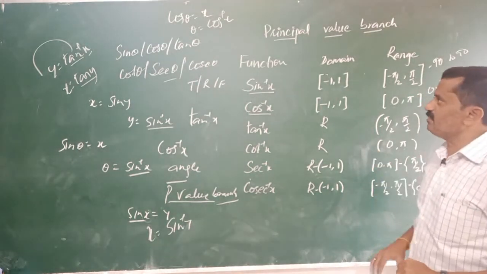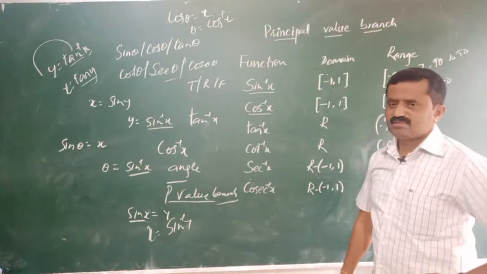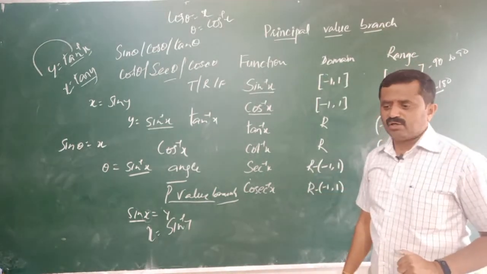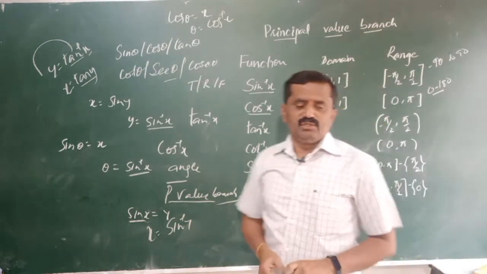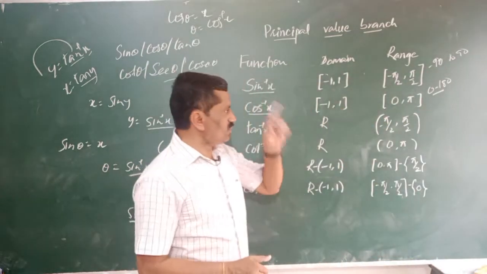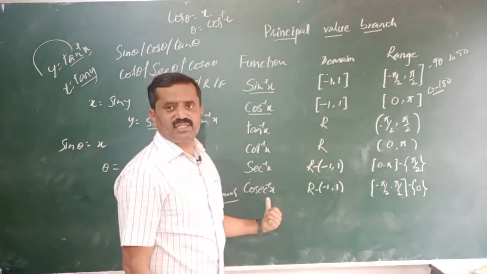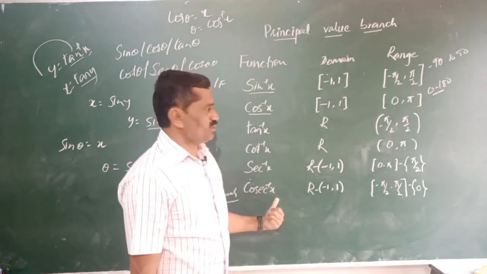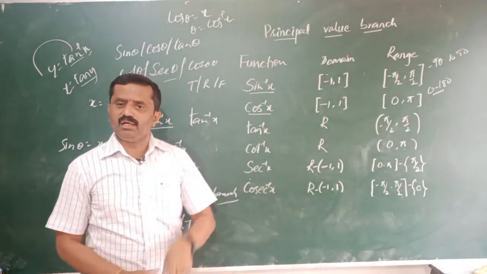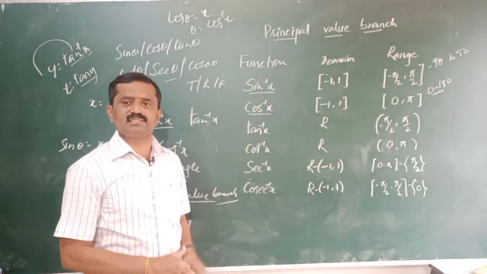So, these are the principal value branches for sin inverse x, cos inverse x, tan inverse x and so on. You should remember this. Whenever we solve any problems, you should look into the range of all these functions. He may ask one more question from this concept.